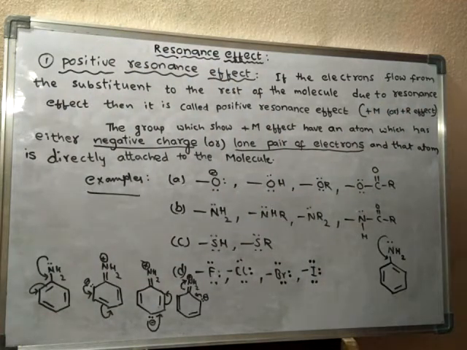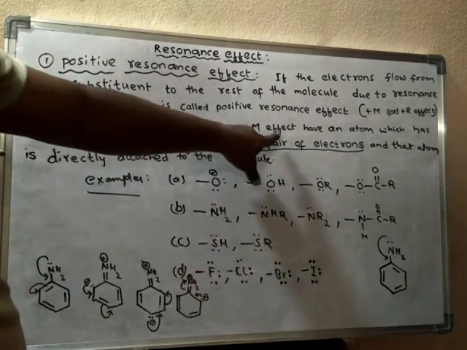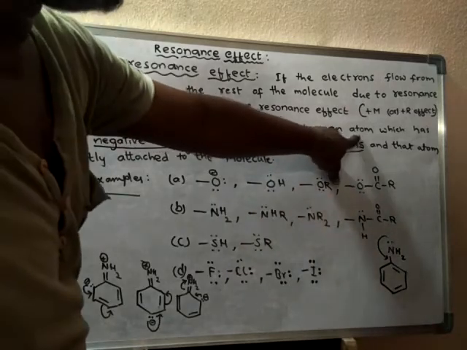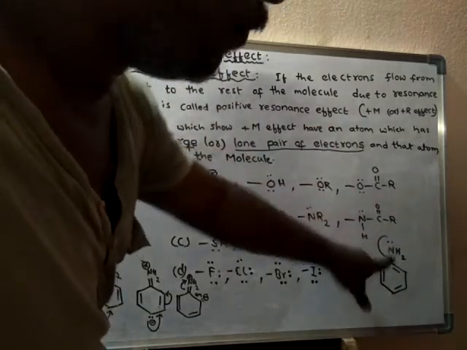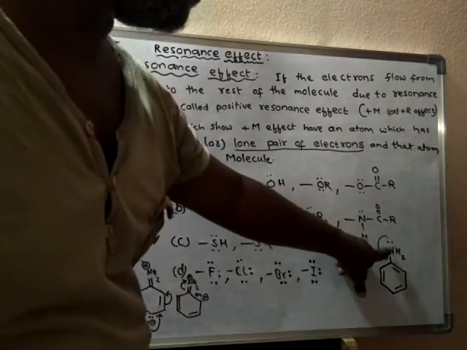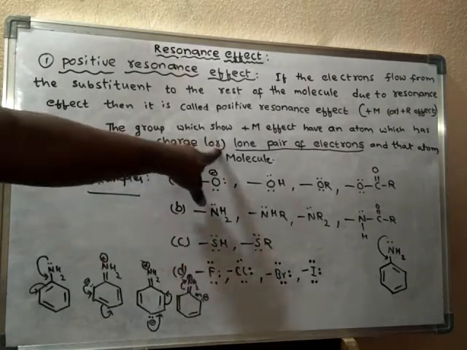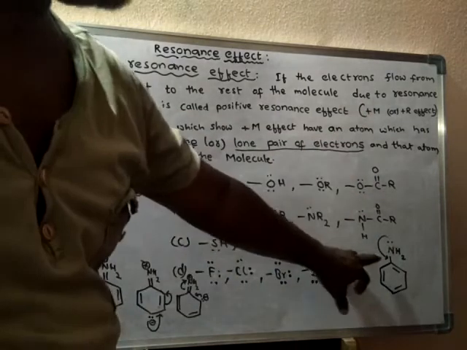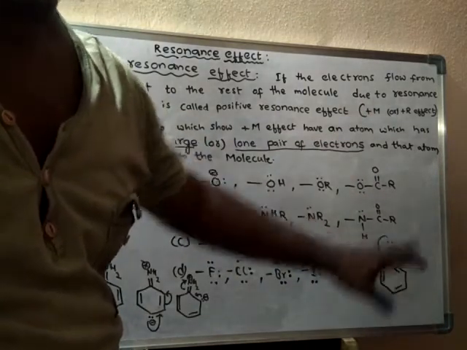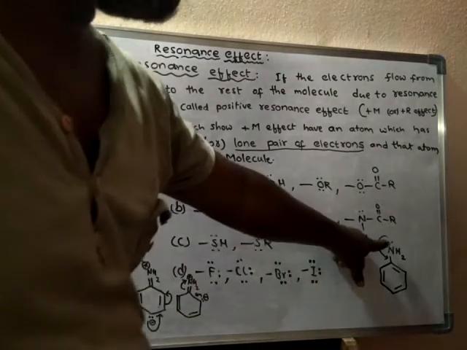See, the group which shows plus M effect has an atom which has either a negative charge or a lone pair of electrons. Here this nitrogen has a lone pair of electrons. In some cases that atom may possess a negative charge.